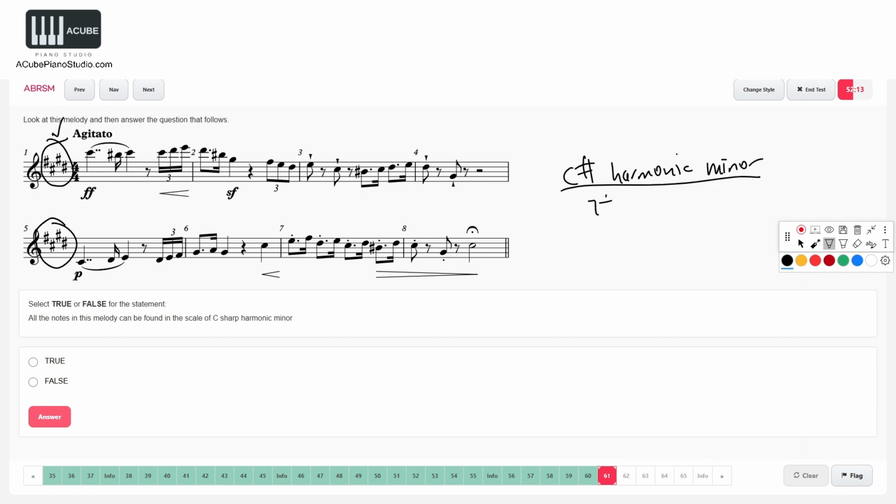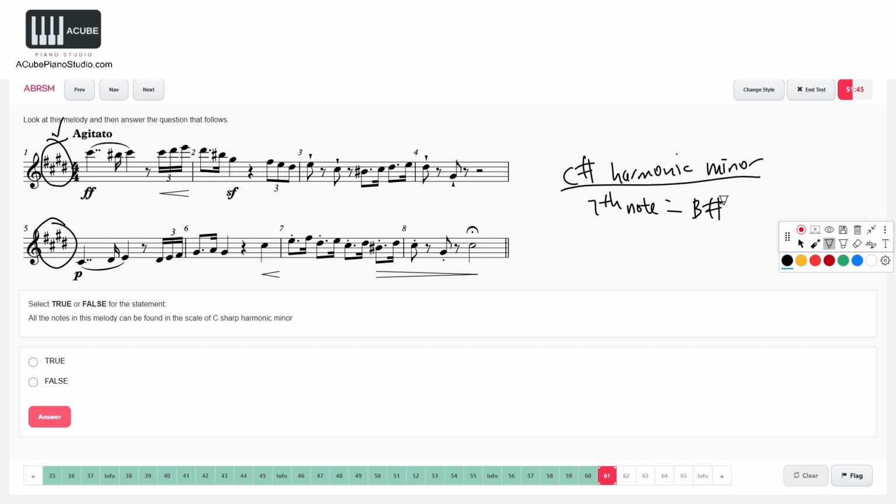And then the 7th note should be B sharp. We talked about it in the previous question. So as long as we do not have any accidentals except for B sharp, then it should be true. But I want you to also check that the B is not B natural, it's B sharp. So check all the B's, make sure that there are sharps. Then this will be true, because I do not see any other accidentals except for B sharp.